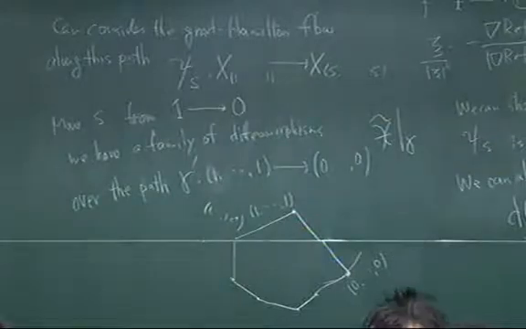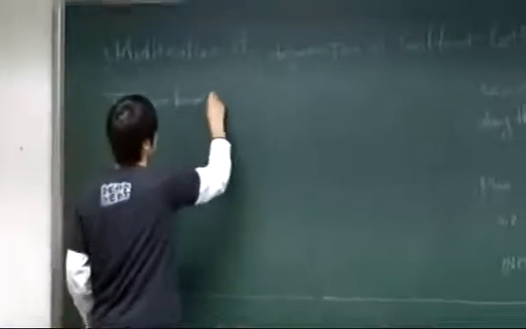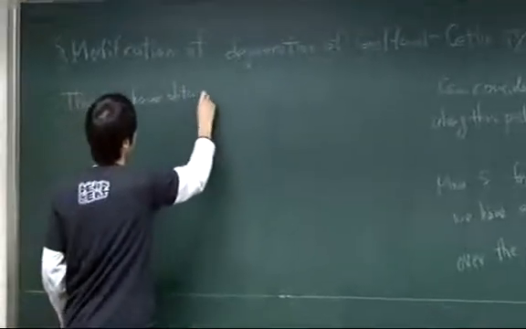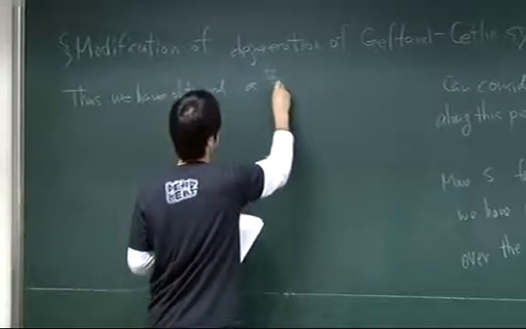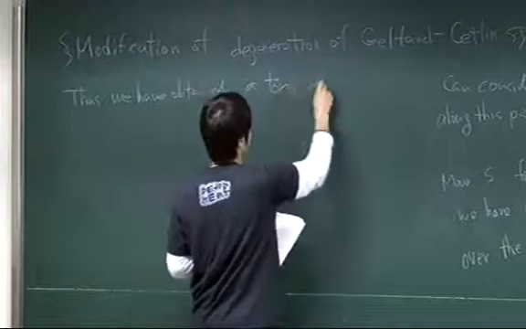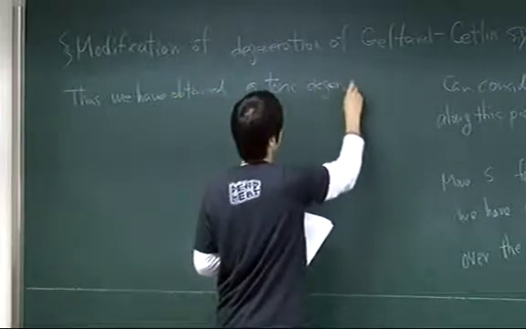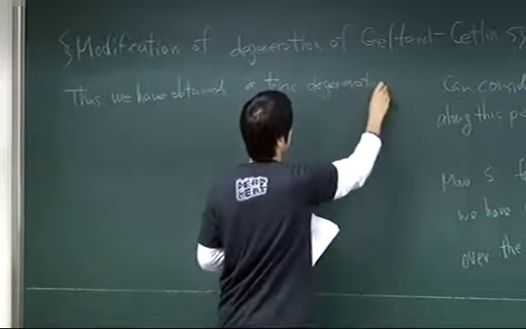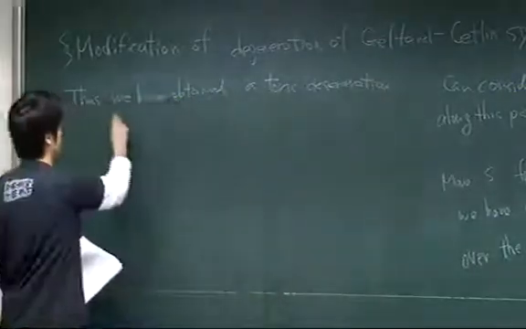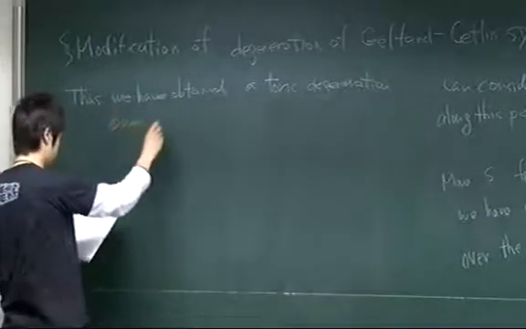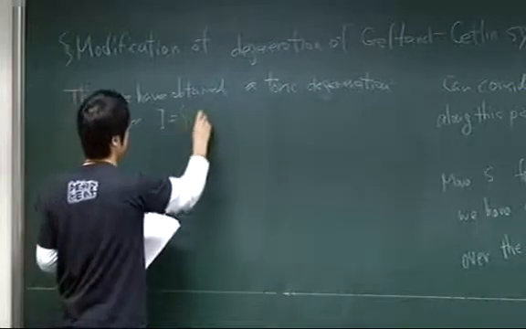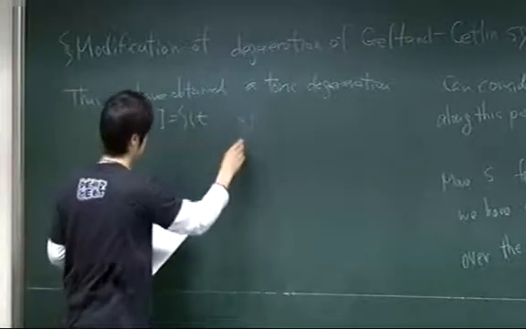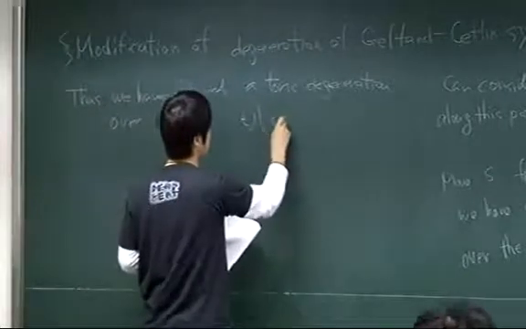And summarizing, we have obtained a toric degeneration of Gelfand-Cetlin system over this straight line.